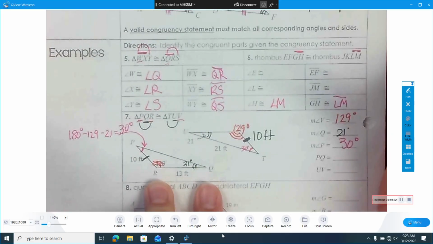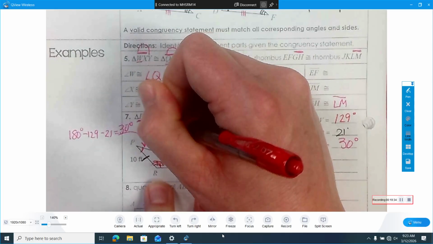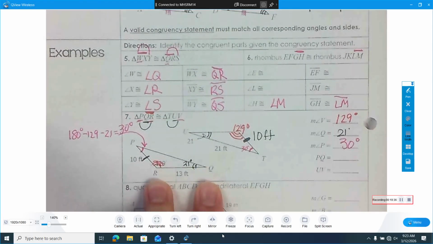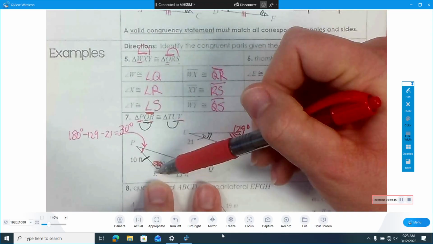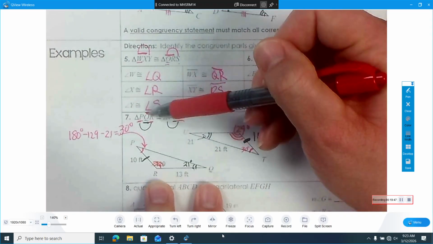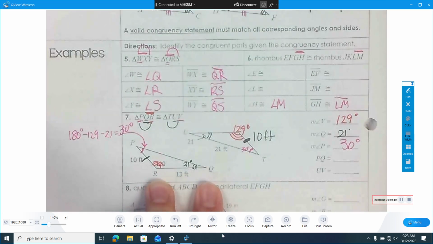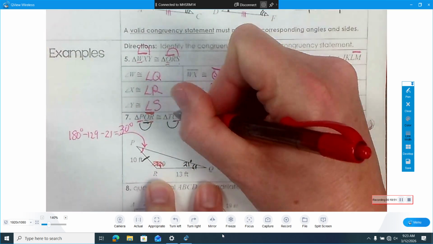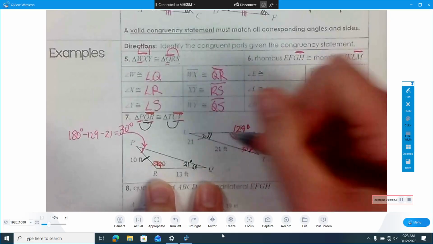Let's see. RQ is right here. This is the last two letters. RQ corresponds to what? Right here, R and Q. So RQ, right there, RQ corresponds to what? UV, yes. UV is right here.